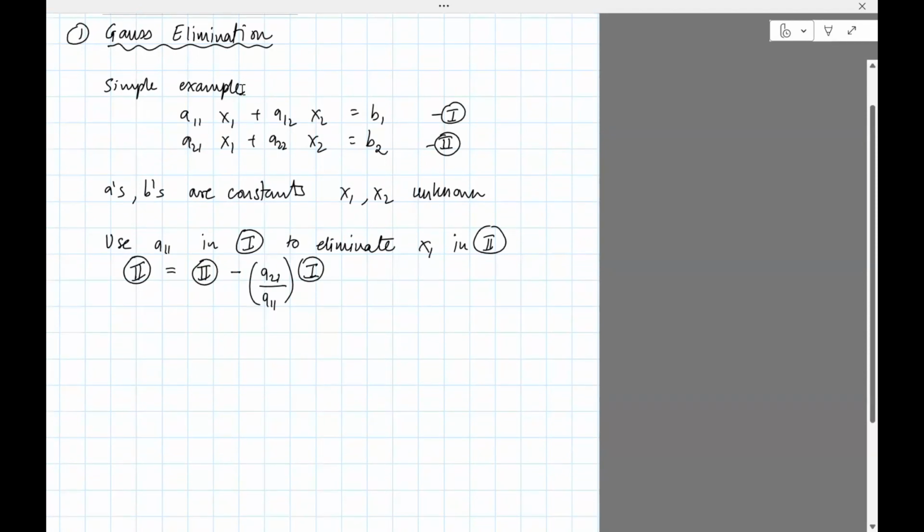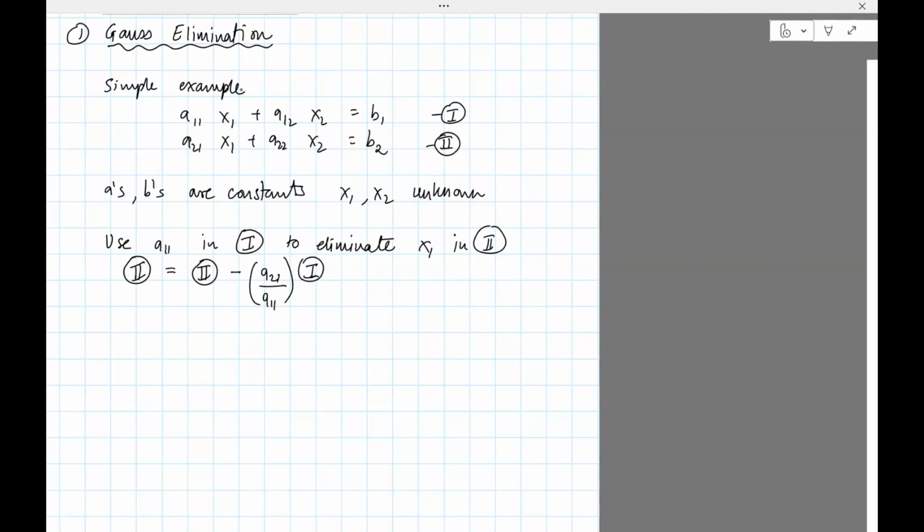This is probably something you've done before. You substitute x1 in terms of x2. This is just another way of saying the same thing: you're eliminating one of those unknowns using the first equation.